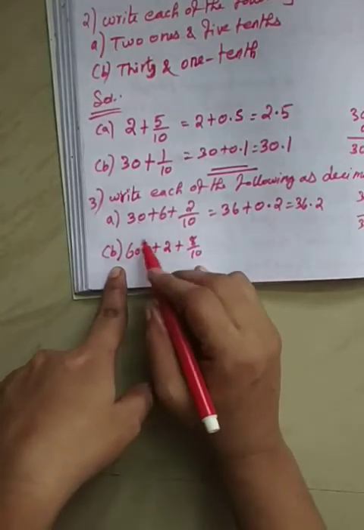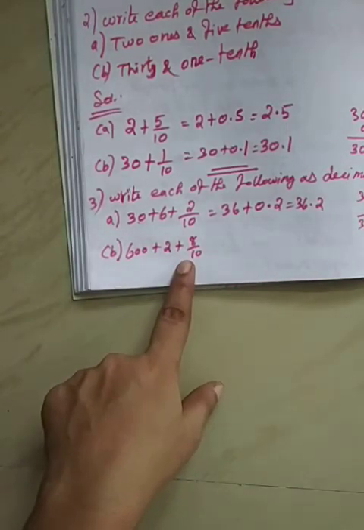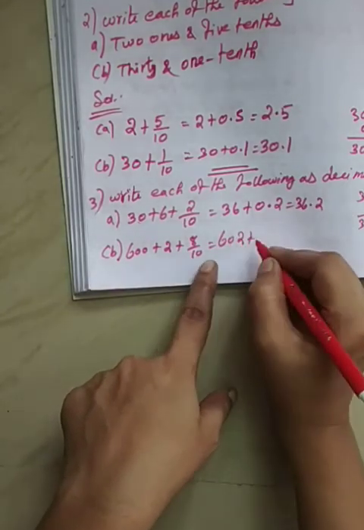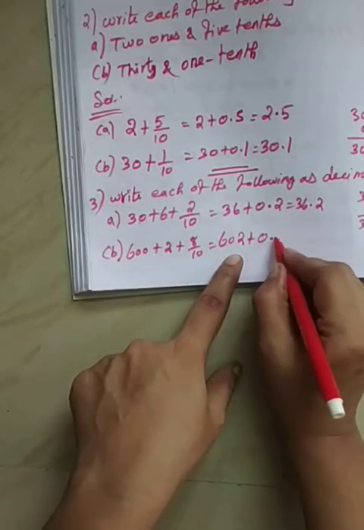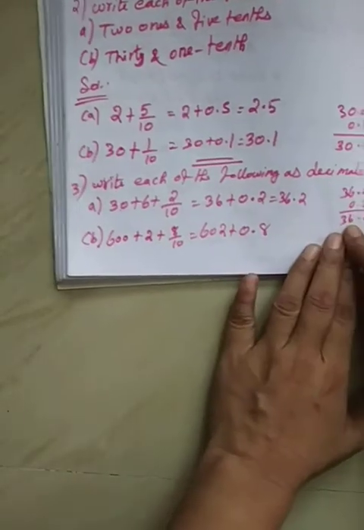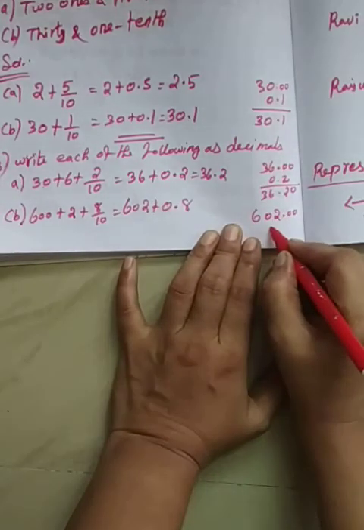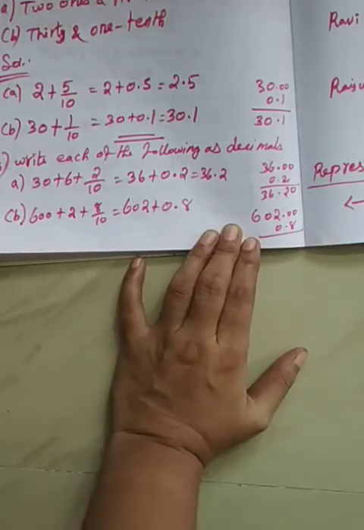You can write 600 plus 2 as 602, plus 8 by 10. 8 by 10 you can write as 0.8. Now you can add in that one. See here, 602.0 and 0.8, what is your answer?